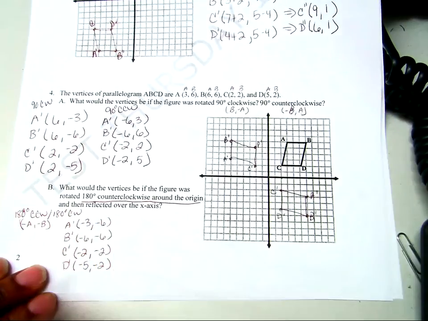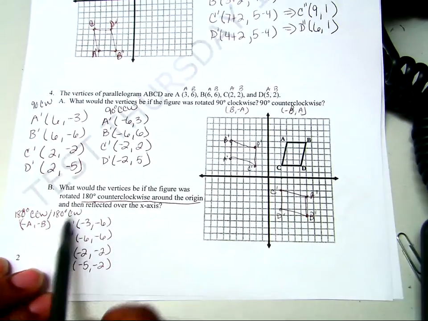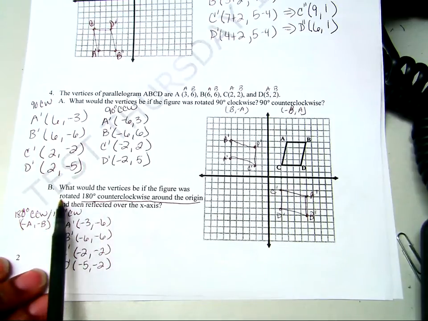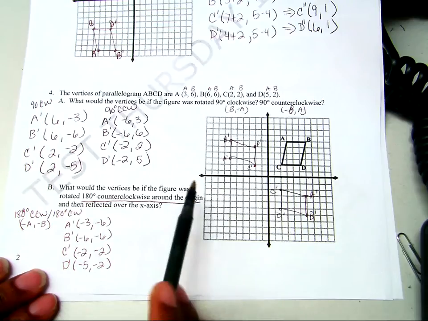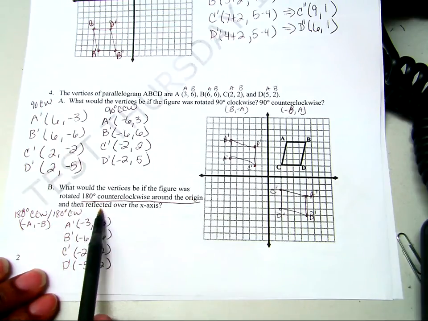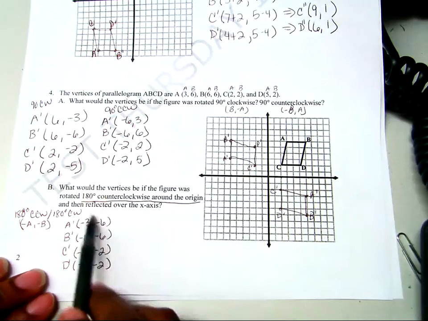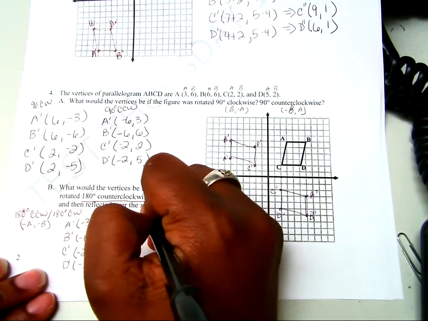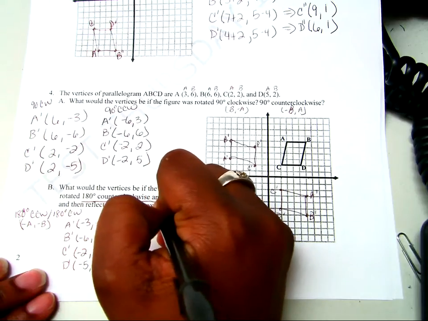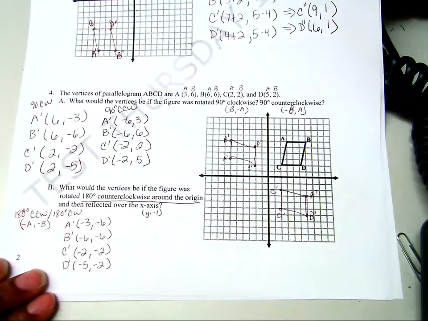So I got my new points. I don't have to graph this. I can just go on to the next step, okay? And then reflect it over the x-axis. So my rule for reflecting over the x-axis means I have to do y times negative 1. Okay? So let's do this.